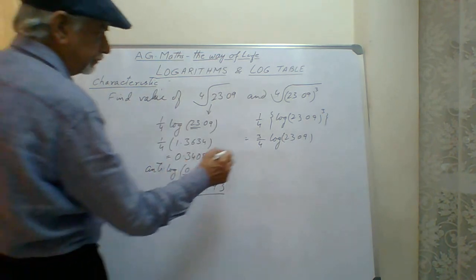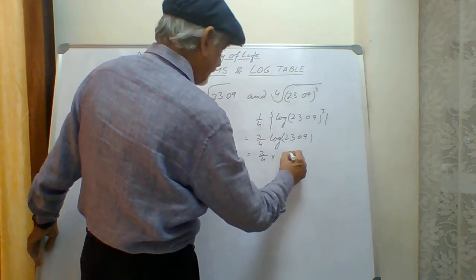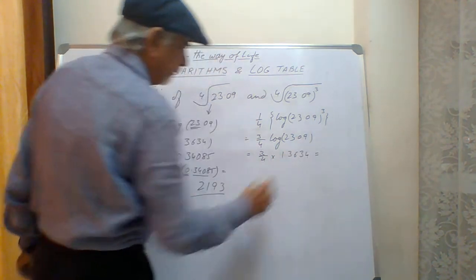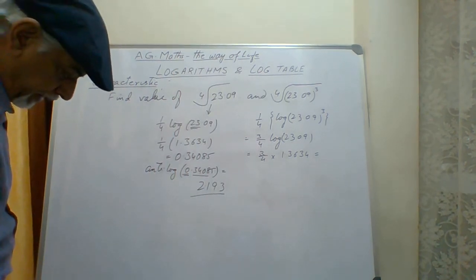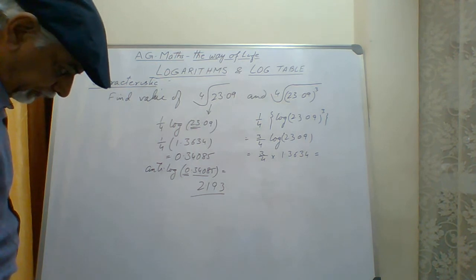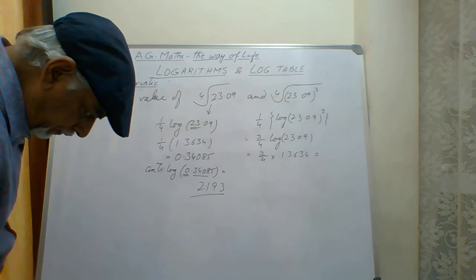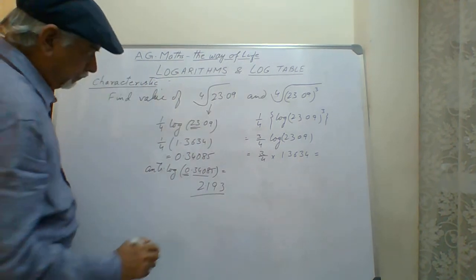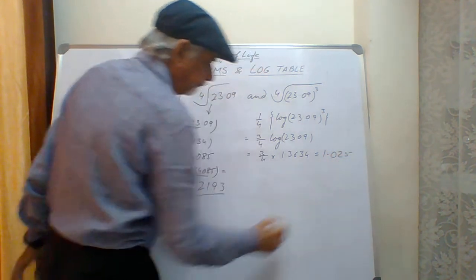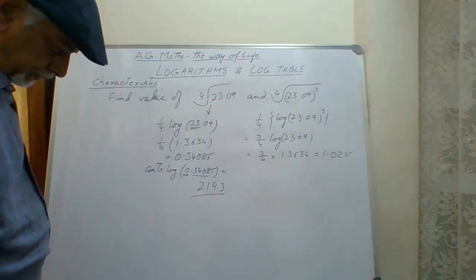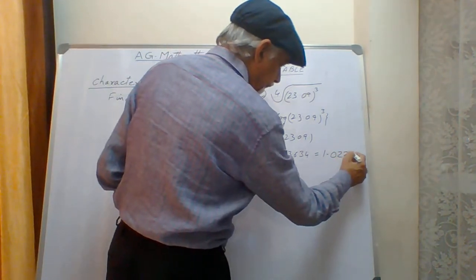So it is 3/4 times 1.3634, and this value, as calculated by me earlier, when you take 3/4 of that, was 1.0225.